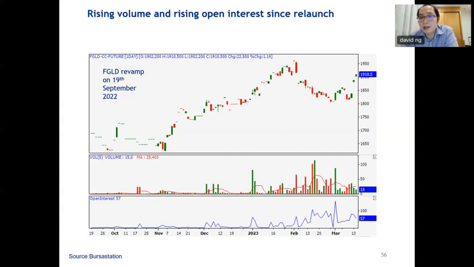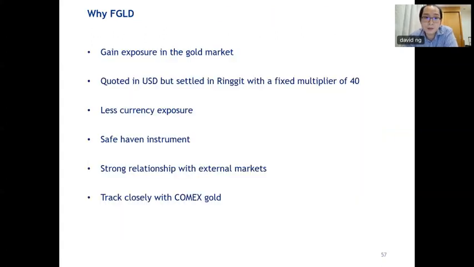And as I mentioned earlier, what are the factors that actually support gold prices? That will give you a lot of reasons why you should be looking into the gold market, particularly this year or so. So why FGLD? Like I say, I think they revamped the contract to make it more attractive, to make it easier for us to gain exposure in the gold market.